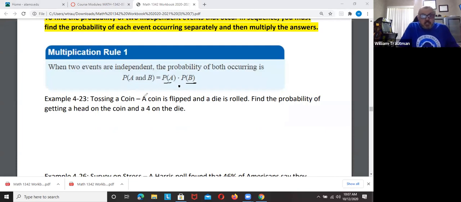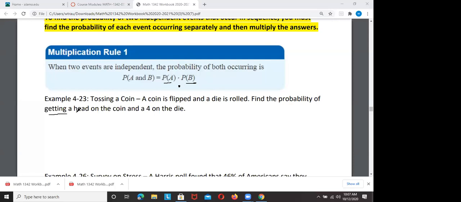So if we look at a coin being flipped and a dice being rolled, these are two different events. Find the probability of getting a head on a coin. Anybody know the probability of getting a head when I flip a coin? Just checking if anybody. 50%?